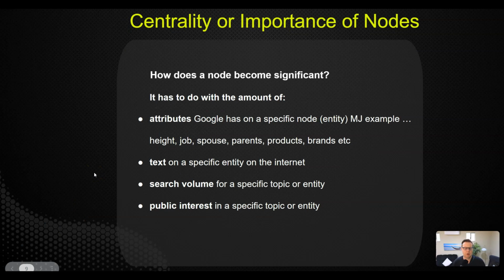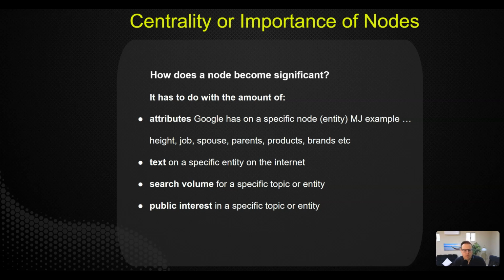So we've talked about the different nodes, such as Elon Musk, for example. That would be a node in the knowledge graph. Drinking water is likely also a node or entity in itself in the knowledge graph. And now the question is, how does one node become important? Because we said we want to touch the important nodes in our topical map, of course, only as they relate to our product or website.